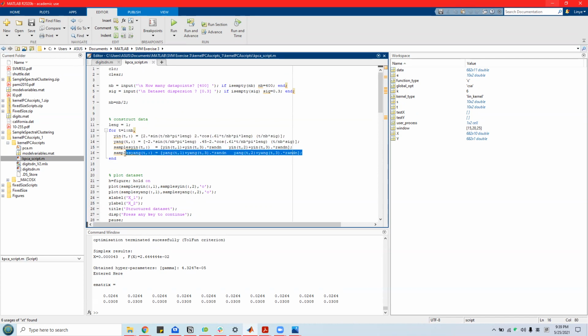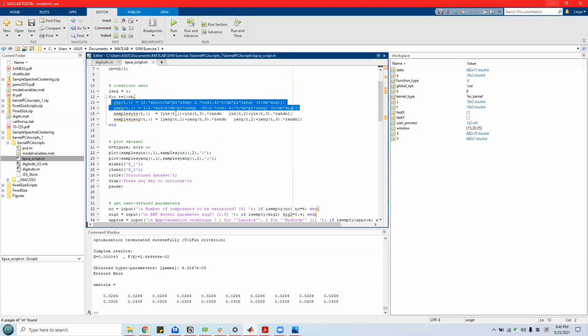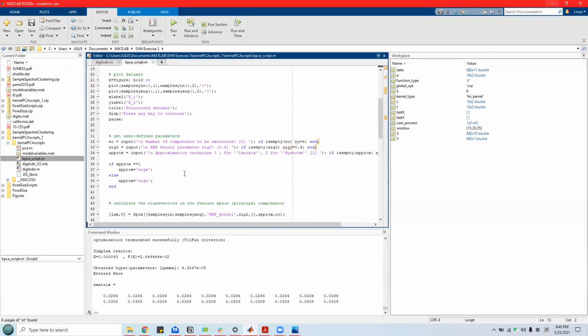So this is where you add random noise, and the other is the ideal, noise-free function. And then where's the function for the training?